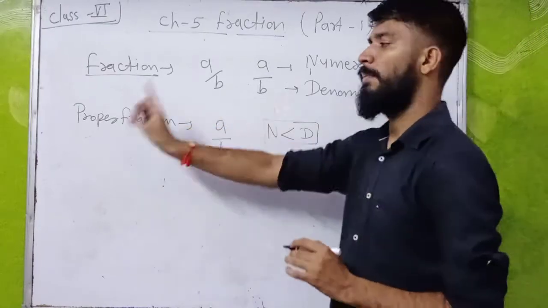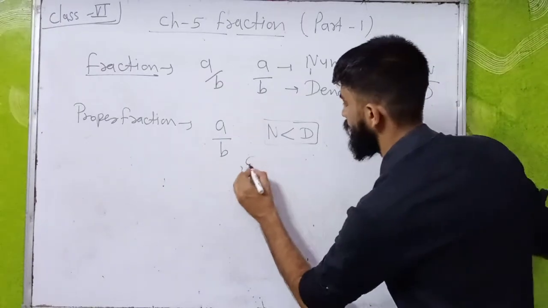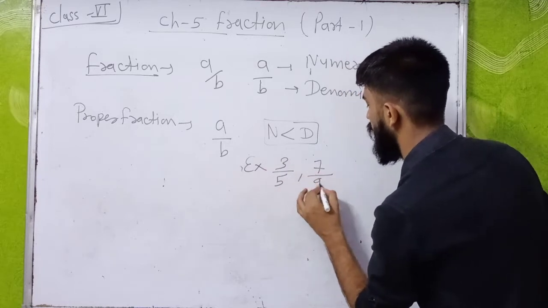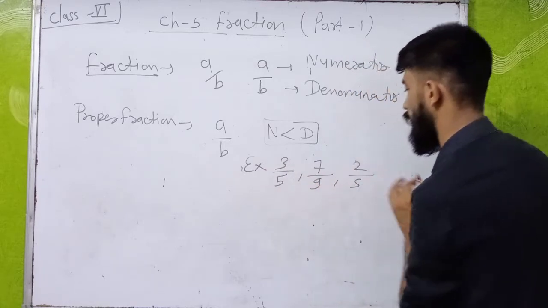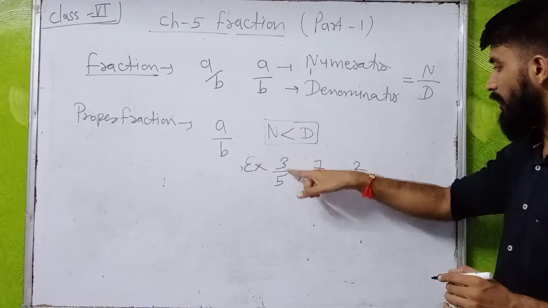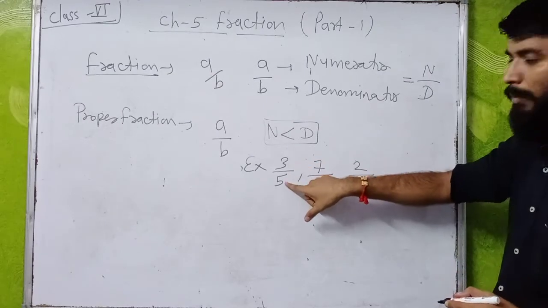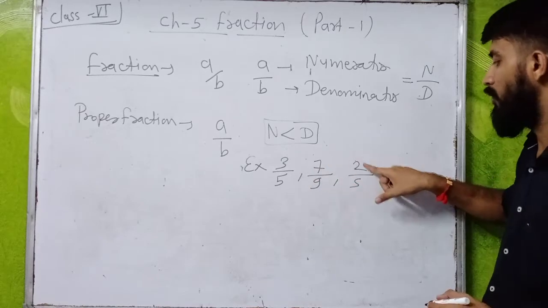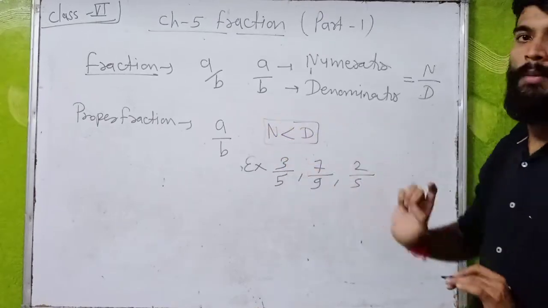Then this is your proper fraction. For example, 3 upon 5, 7 upon 9, 2 upon 5. Here you can see the numerator value is less compared to the denominator: 3 compared to 5, 7 compared to 9, 2 compared to 5. So this is your proper fraction.